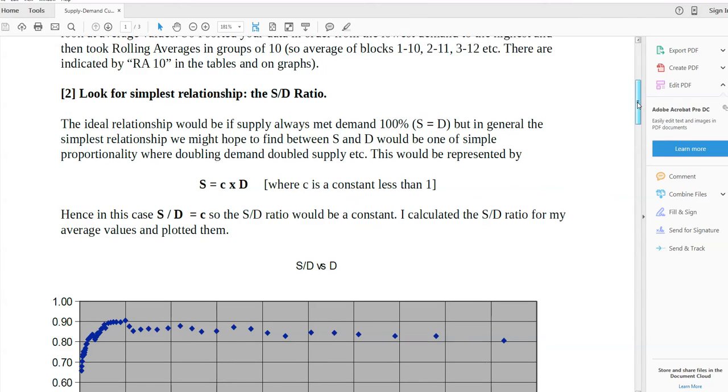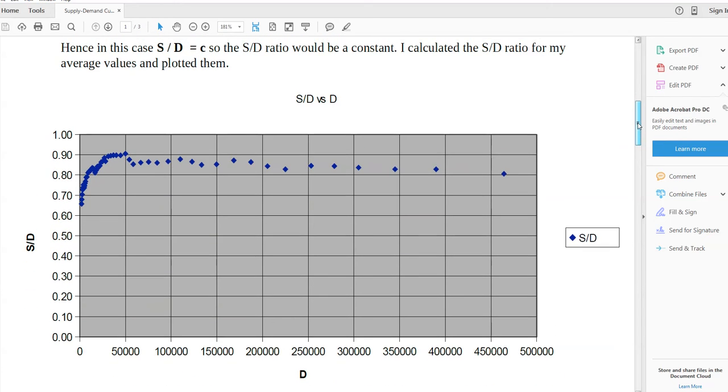So to see how well that fits the data, I plotted out the supply-demand ratio against demand, and it's kind of constant-ish for a large part of the time, in that it stays pretty close to about 0.9, between 0.9 and 0.8. But there are two obvious features when you look at this graph.